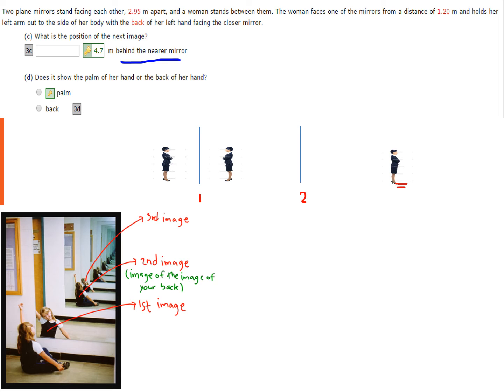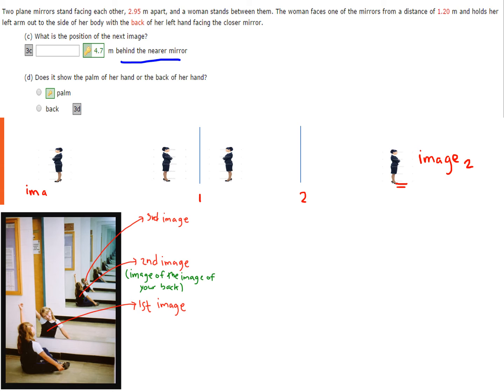Let's call this image 2. Now this image 2 gets reflected on mirror 1, and we would see this reflection of image 2, which we're going to call image of image 2.